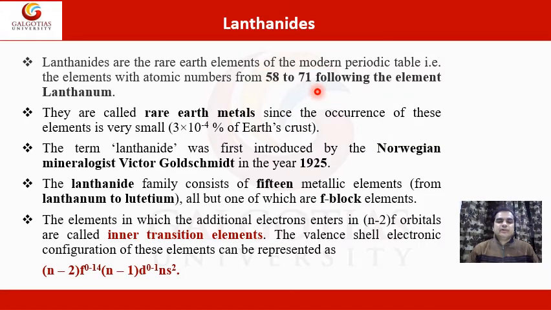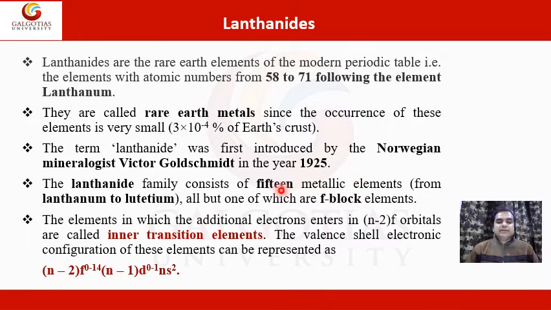They are normally referred to as lanthanides, and also as rare earth metals because the occurrence of these elements in the earth's crust is very small. The term lanthanide was first introduced by the Norwegian mineralogist Victor Goldschmidt in the year 1925.